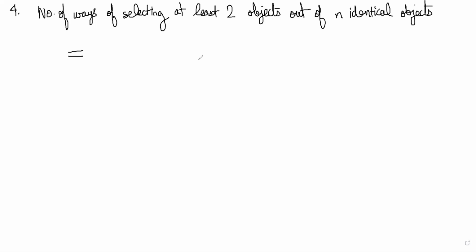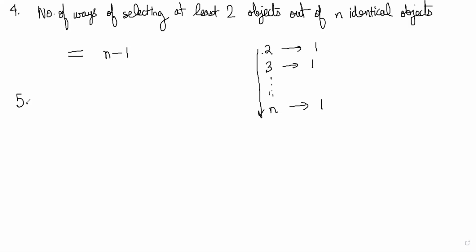That came out to be n, right? So now you have to do two or more. Will this be n minus 1? That will be n minus 1, because you can select 2 in one way, 3 in one way, and so on till n in one way. Correct. So the total options are basically n minus 1, right?